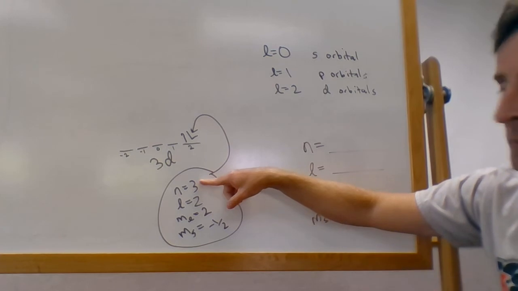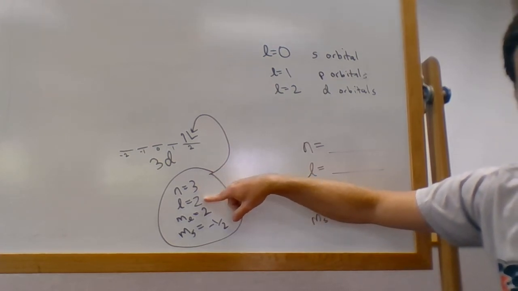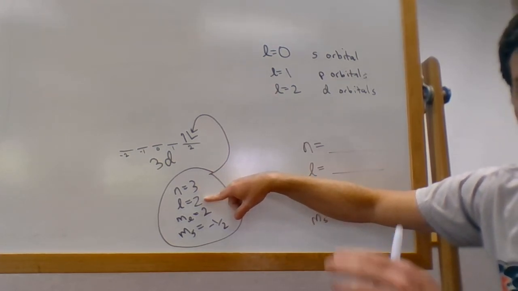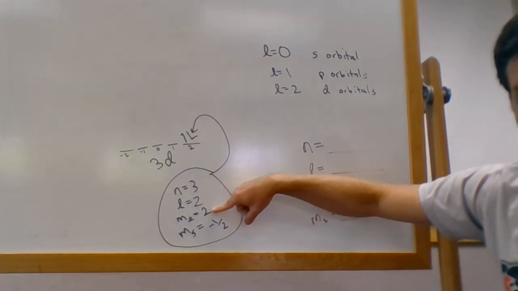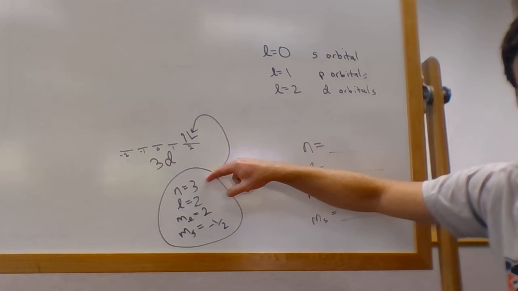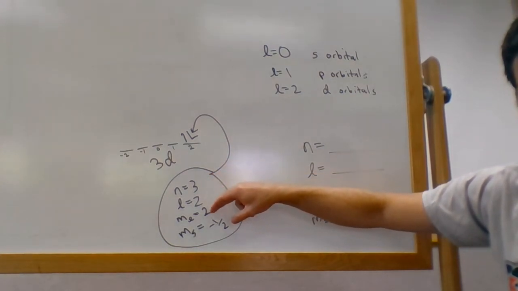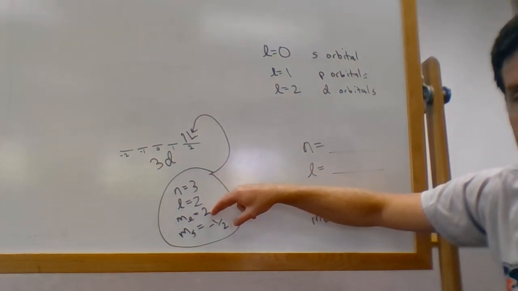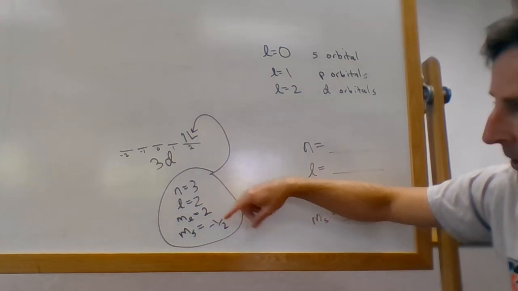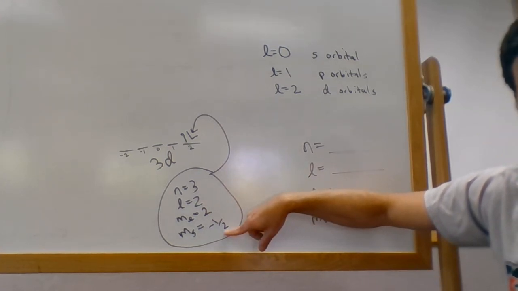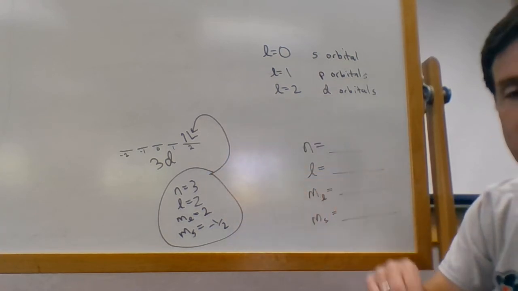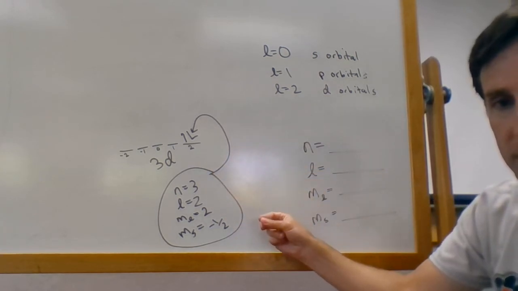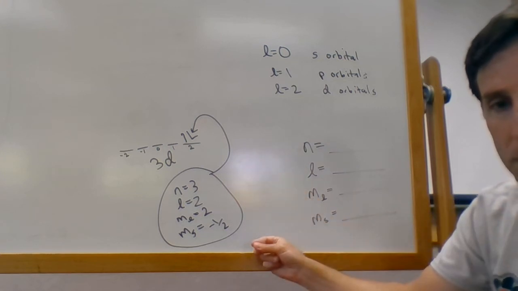Even if I look at just the d's, they're all going to be in different orbitals. So if I narrow down the energy level, the type of orbital, and then the orbital itself, I'm still going to have 2 electrons left, but they're going to have opposite spin. So if I look at all 4 quantum numbers, every electron is going to be different.